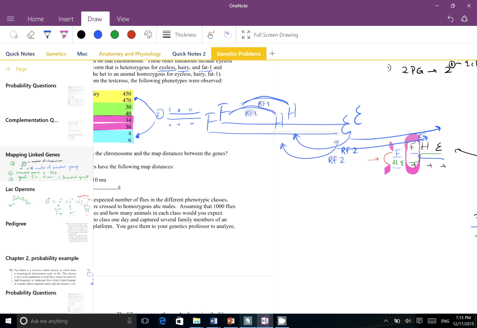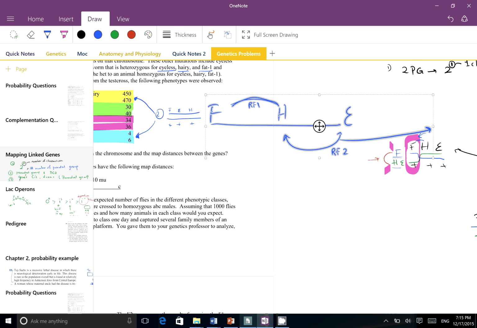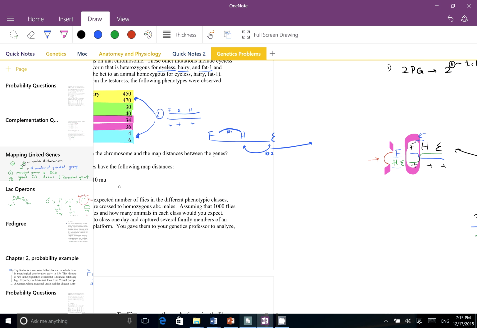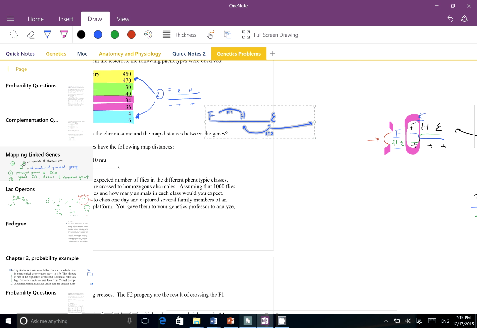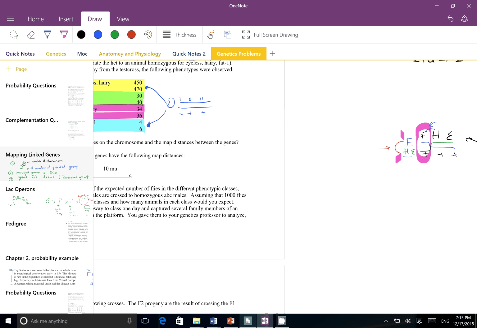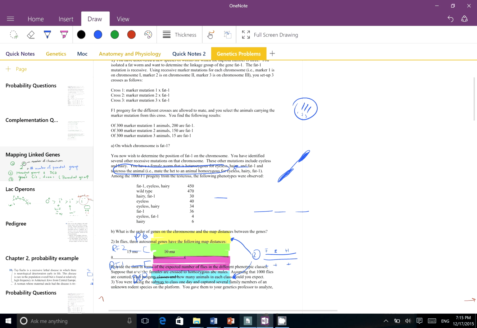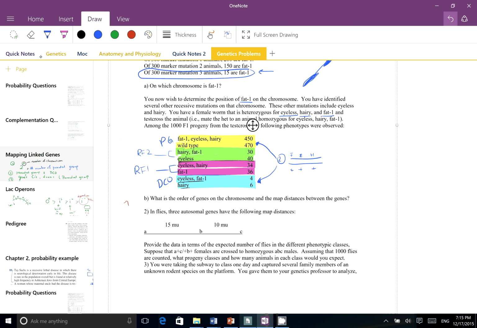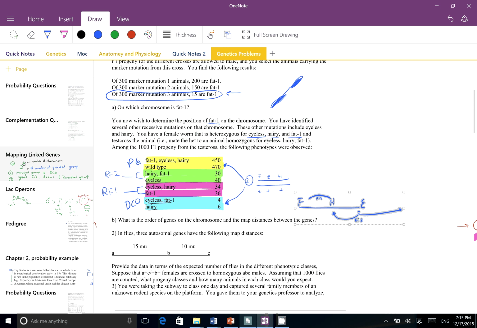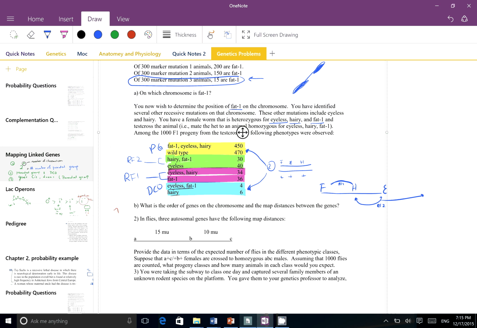I'm apologizing for this technical difficulty, but you get the point. Again, I apologize for all this nonsense that I'm doing here. Okay, so now I want to find the distance. Here is my RF1, my RF2.